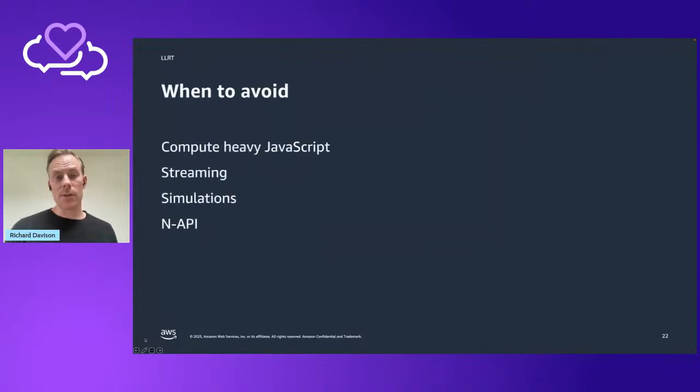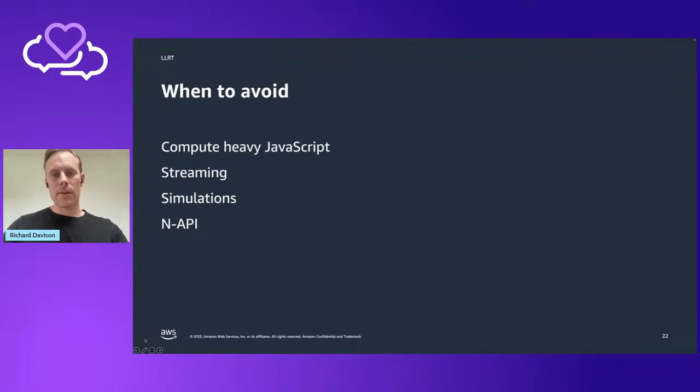So when should you not use it then, right? You should not use LLRT when you have very compute-heavy JavaScript. So that means when you have JavaScript that is executing a lot of JavaScript in loops with millions or hundreds of thousands of iterations, because this is where the lack of a just-in-time compiler is noticeable.